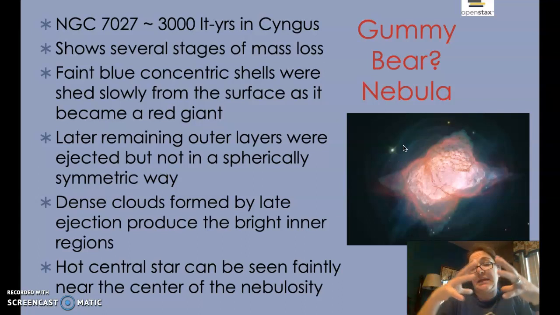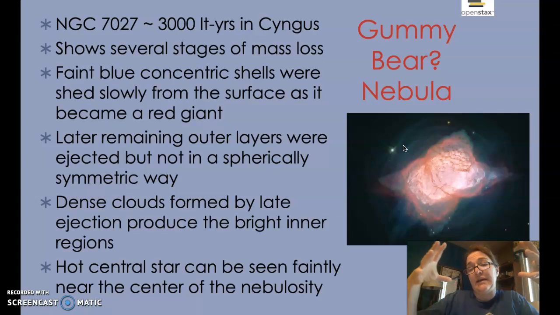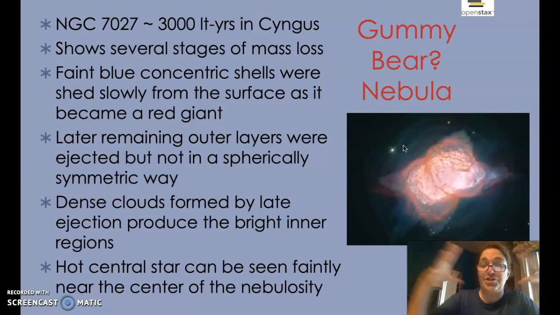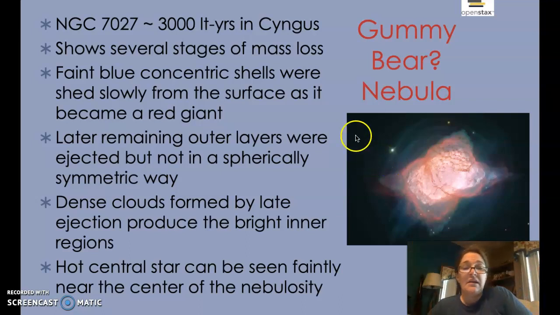It expanded, and then as the collapse of the core started, the outer edges kept going while the central portion of the star collapsed just a little bit, and so it shed those layers in a fairly symmetric way.